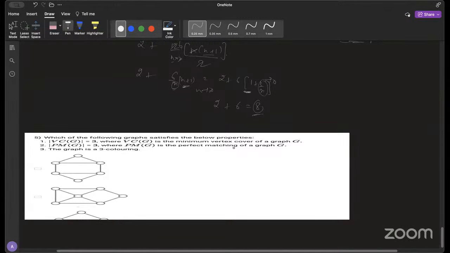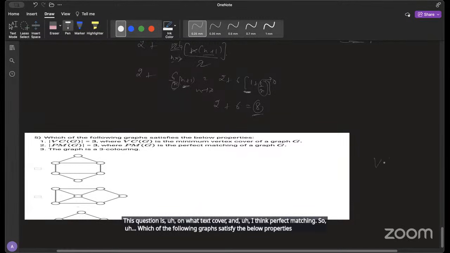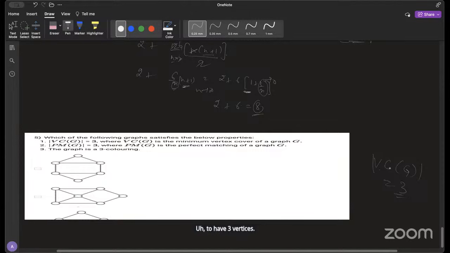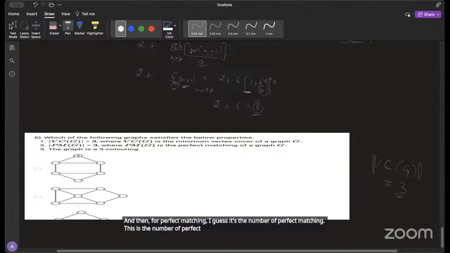Which of the following graphs satisfy the below properties? You want the vertex cover of G to have 3 vertices, and for perfect matching, I guess it's the number of perfect matchings that you get.